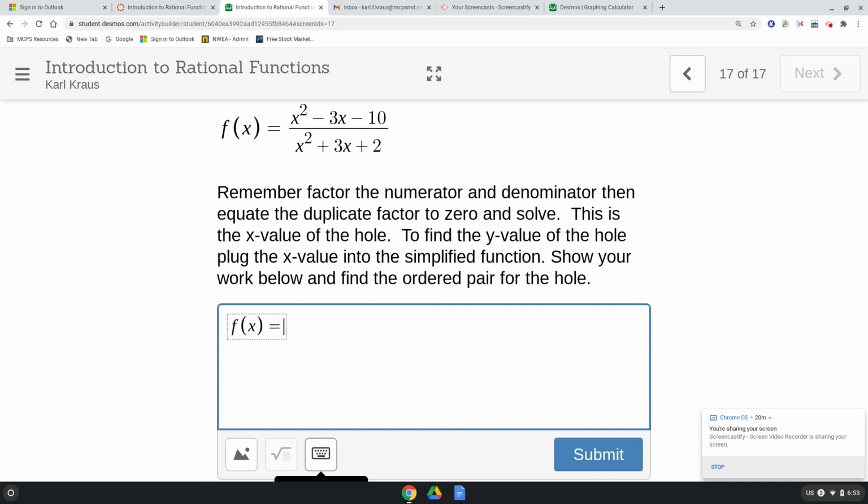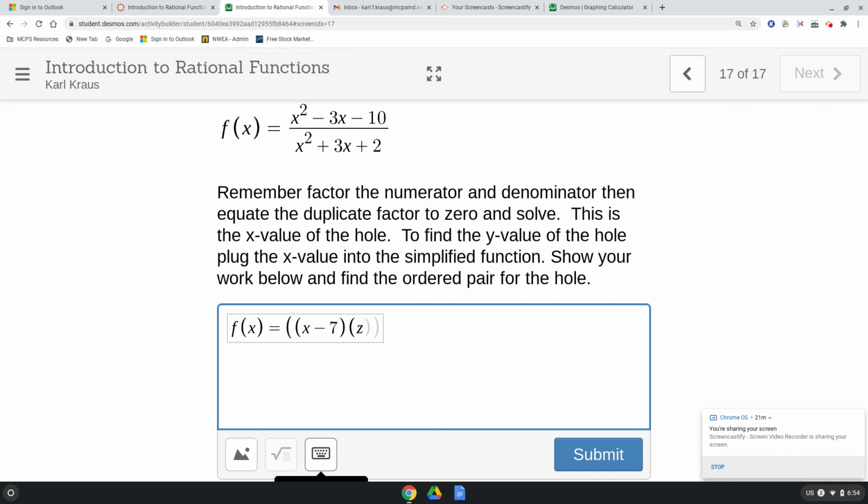So the numerator factors into x minus 7 and x plus 2.